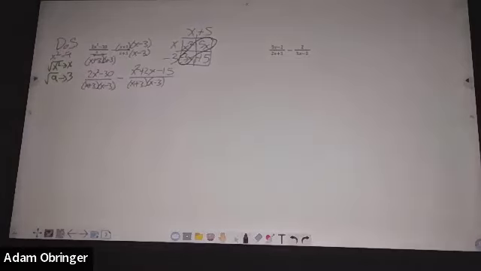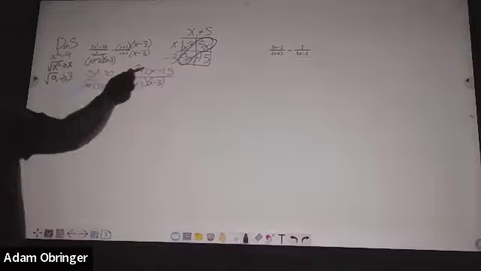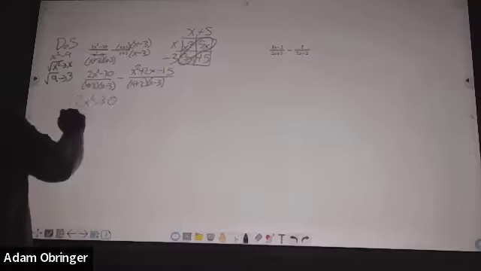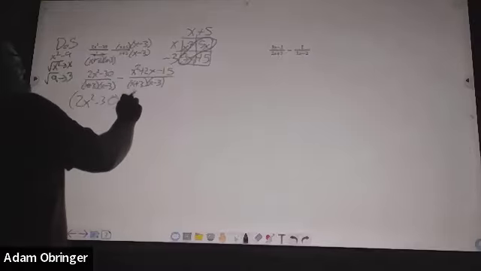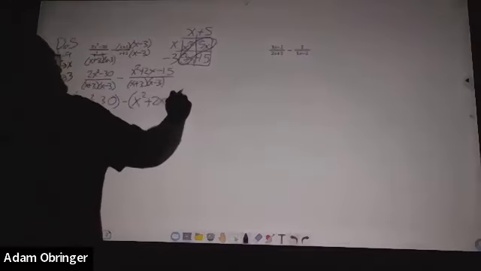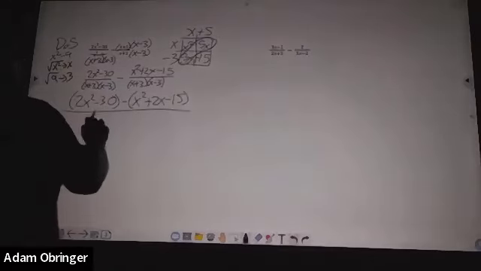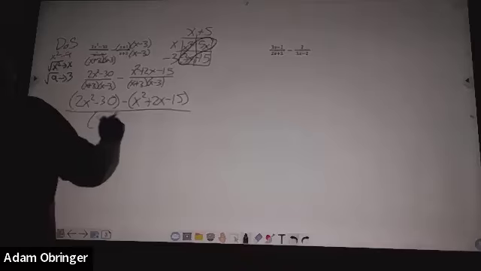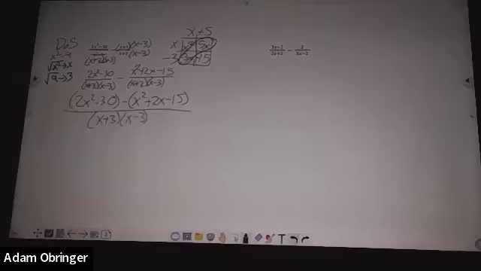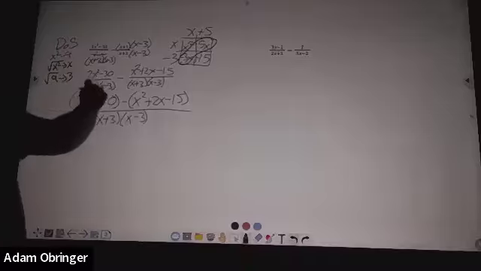Now that our denominators are the same, we're going to combine the numerators into one big fraction. 2x squared minus 30 minus x squared plus 2x minus 15 all over x plus 3, x minus 3. Since I have a minus, I'm going to perform a keep change change.